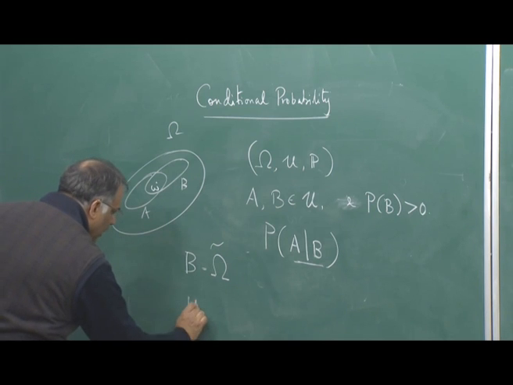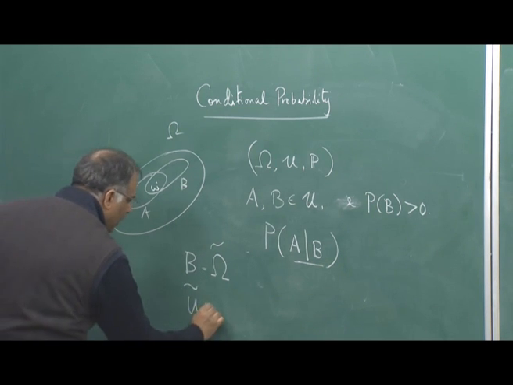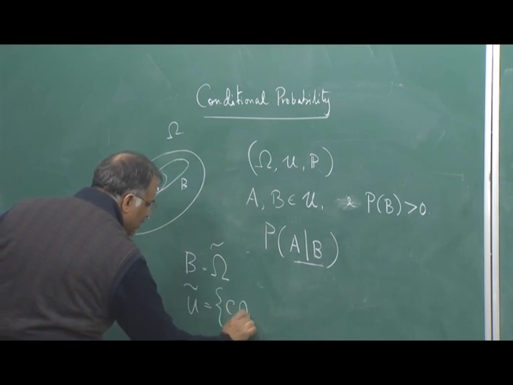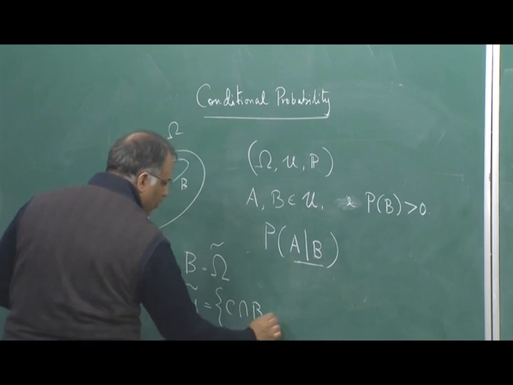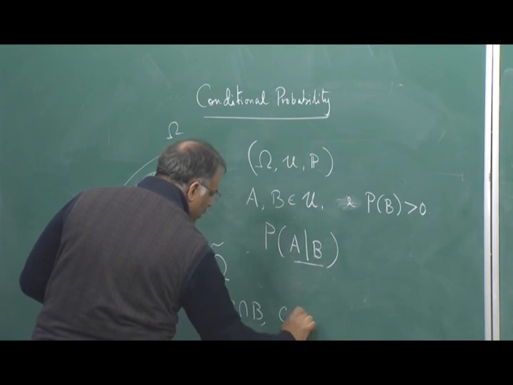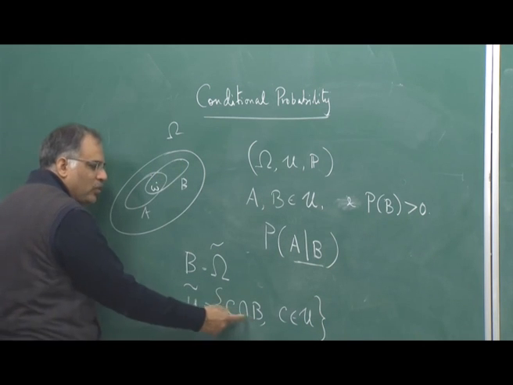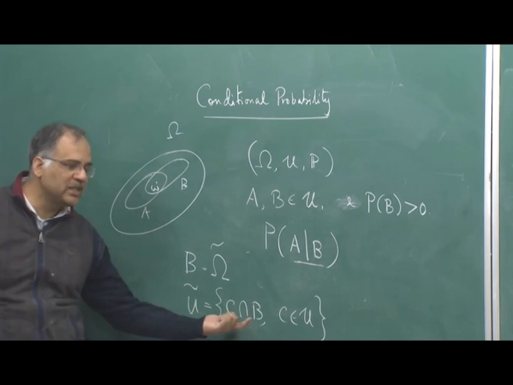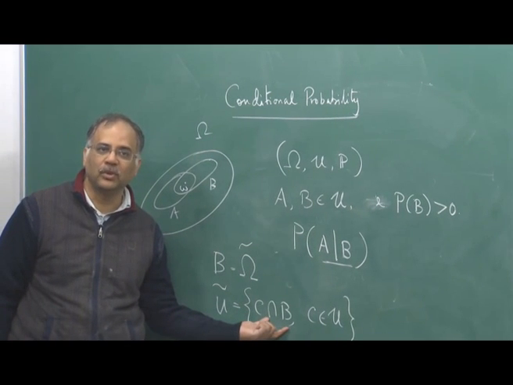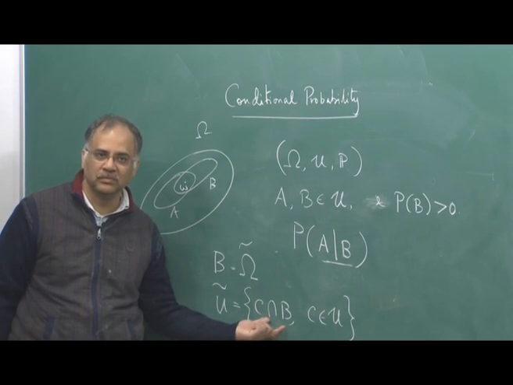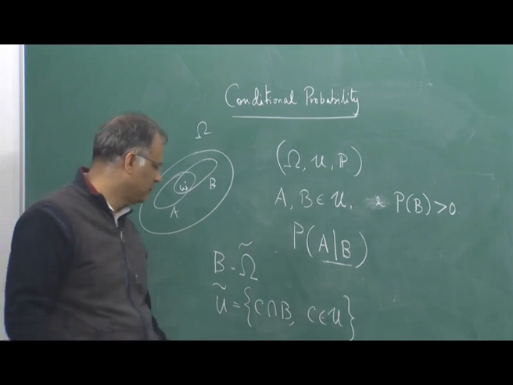And what is my U tilde? U tilde is C intersection B, where C is an element of U. So B has to be related to all such events. So you see joint occurrence must now come if you are going to talk about conditional probability. Okay.